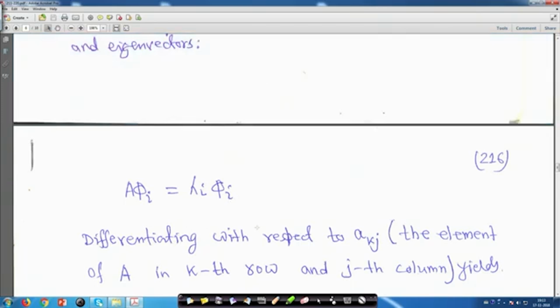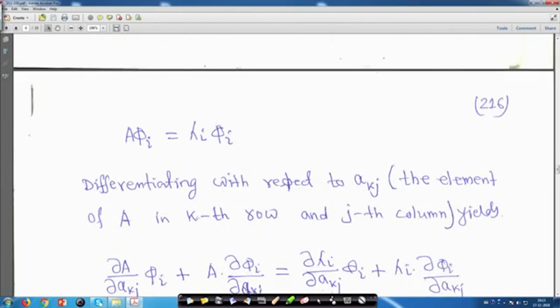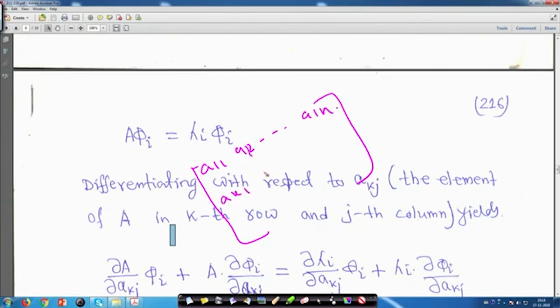So, differentiating with respect to a k j, the element of A in the kth row and jth column. Suppose you have the matrix, with a 1 1, a 1 2 up to a 1 n, then a k 1, a k 2 up to a k n, that is the kth row, and then a n 1, a n 2 up to a n n.